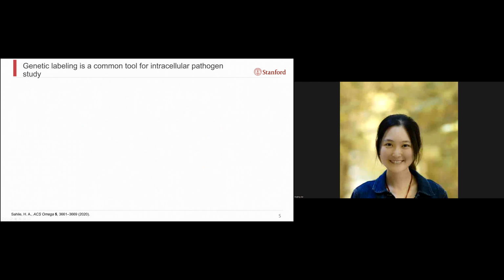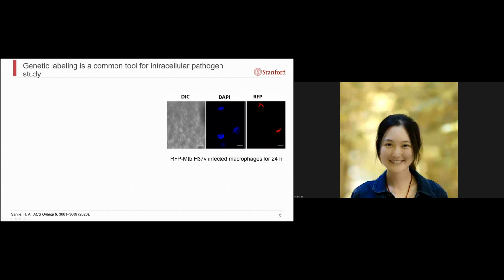So current imaging strategies include genetic labeling, and it's very common for people to study intracellular pathogens with genetic reporters that express fluorescent proteins, as you can see in these pictures. But the problem is that the long half-life of these fluorescent proteins can limit the real-time imaging of their behaviors.